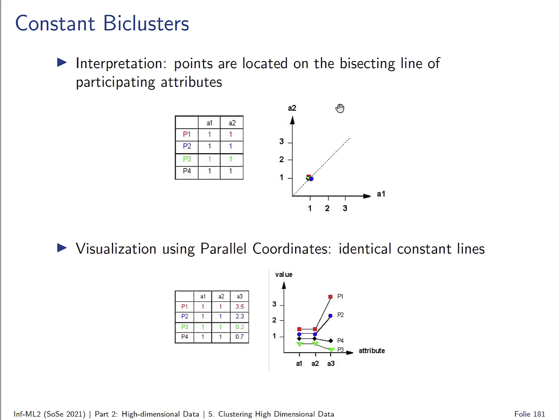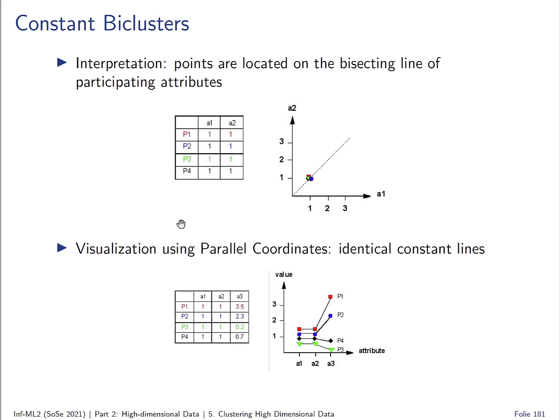But it cannot be arbitrarily anywhere on this A1, A2 plane; it must be here on the bisecting line. That's why it's a kind of special case of what we already know with subspace or projected clusterings. So that is the spatial interpretation of constant biclusters.